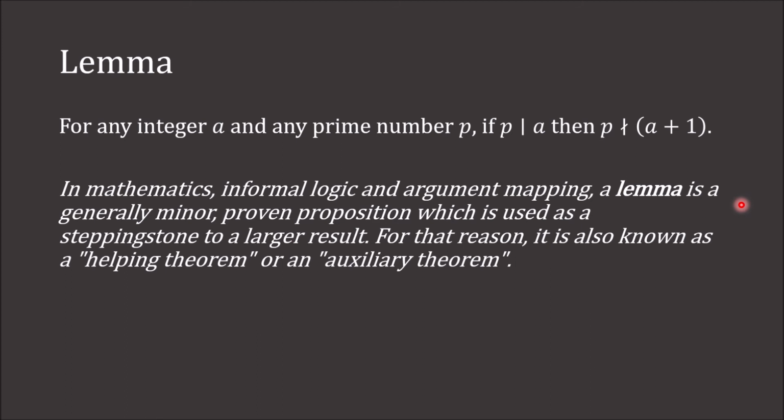There are typically 2 ways to go about lemmas. You can either introduce them in the proof of the result that you need it for, or you can introduce it before attempting that proof, as we're doing here. In either case, you still need to prove the lemma result.